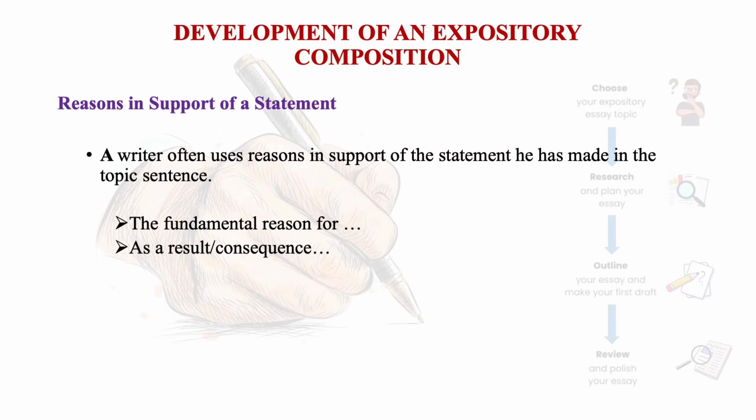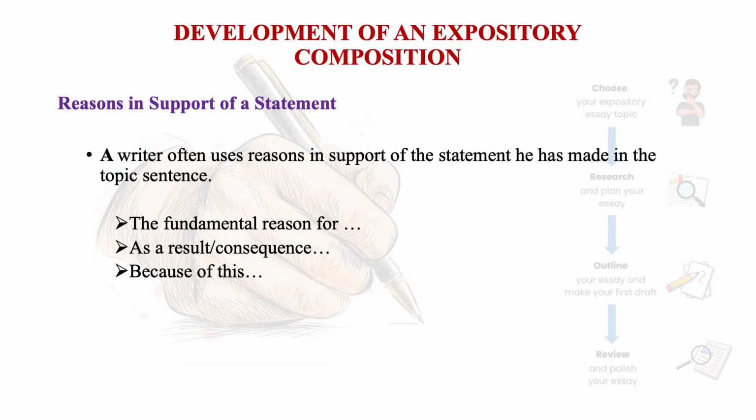Now, what are the specific expressions used to give reasons? You've got expressions such as the fundamental reason for something is, which is the initial idea unit used for giving reasons. Then you've got another expression such as as a result or as a consequence. Then you can write about whatever consequences happen.